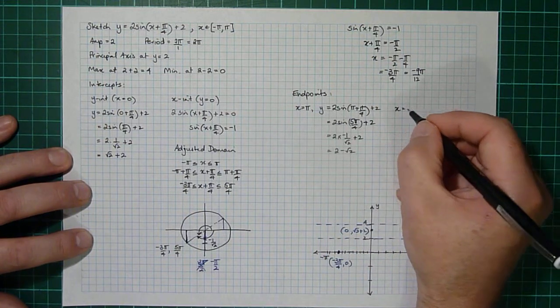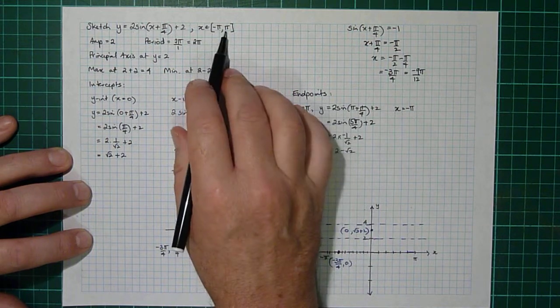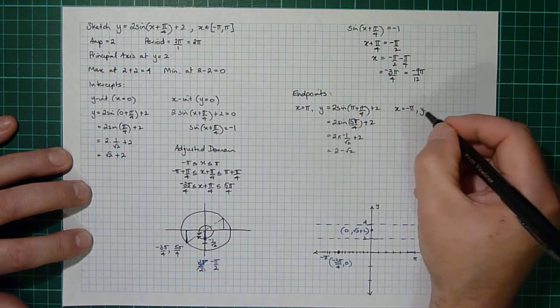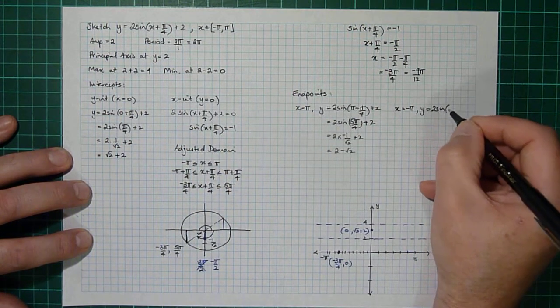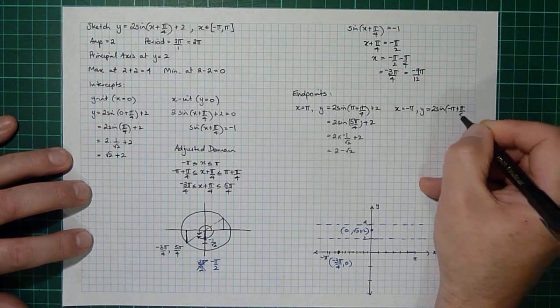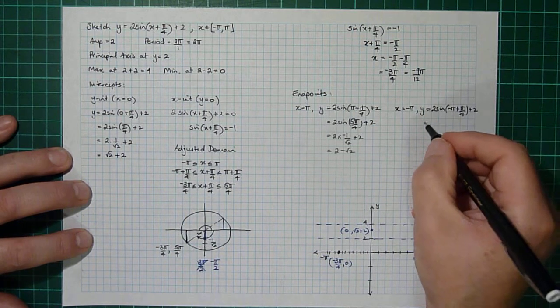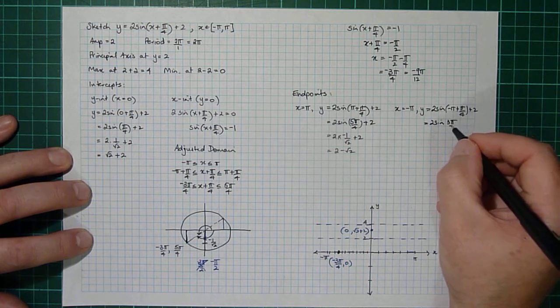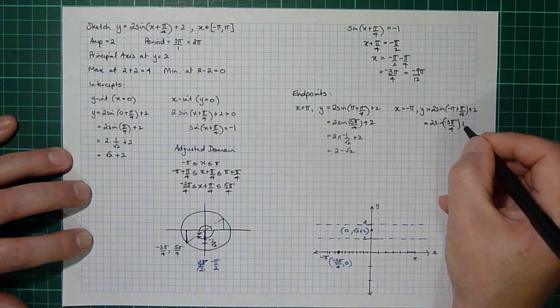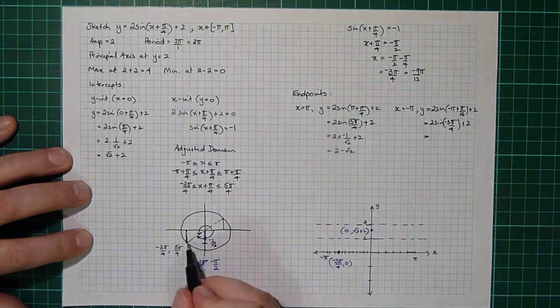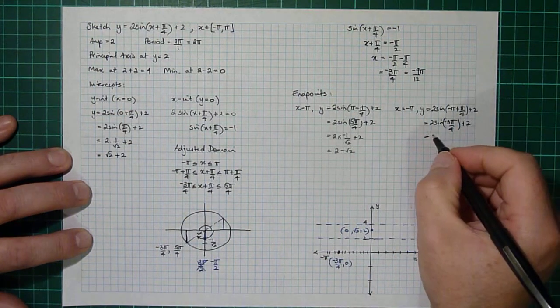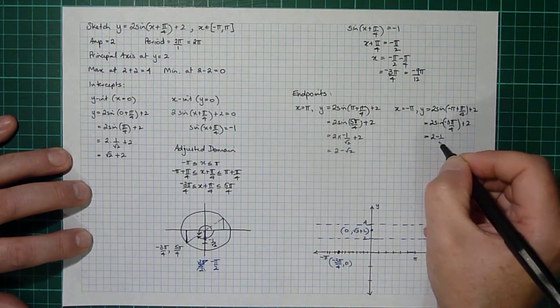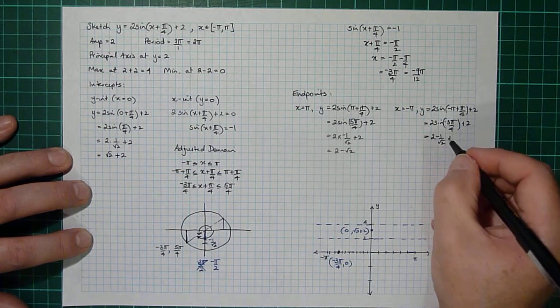Our other endpoint is at negative π from our domain, π and negative π. We know from our earlier work that minus π plus π/4 is minus 3π/4. We also know from the unit circle that that's in fact in the same place, so we also get minus 1 over root 2.